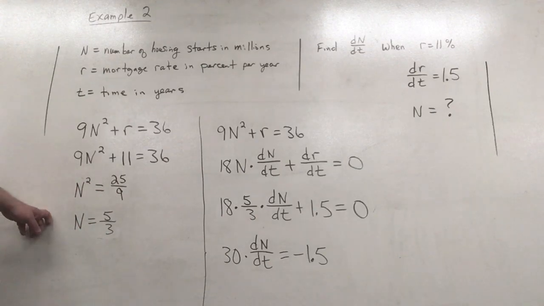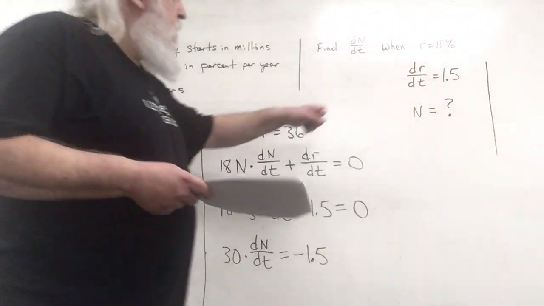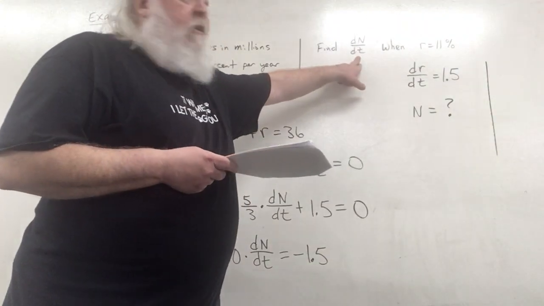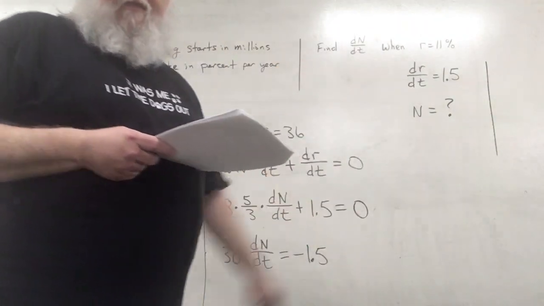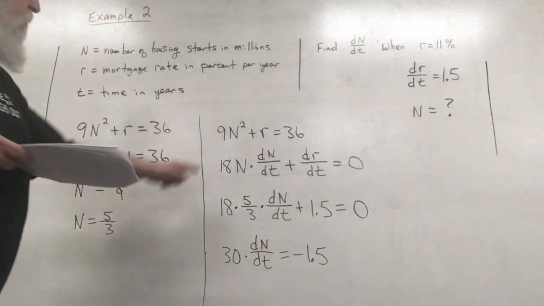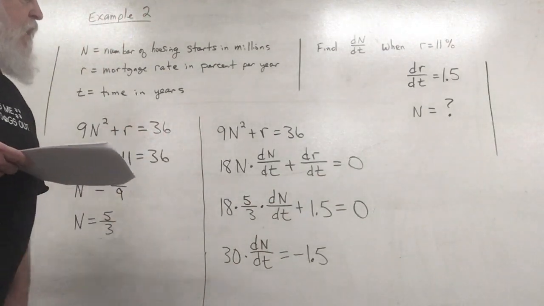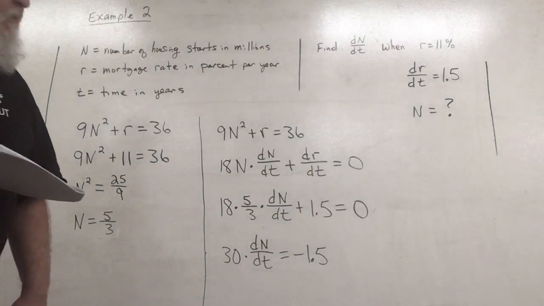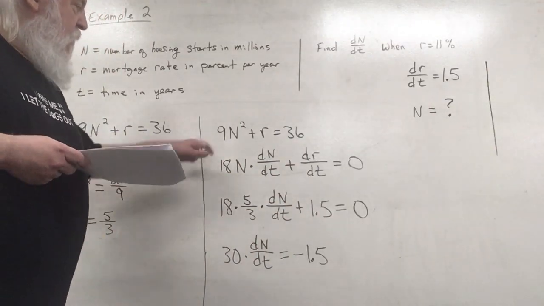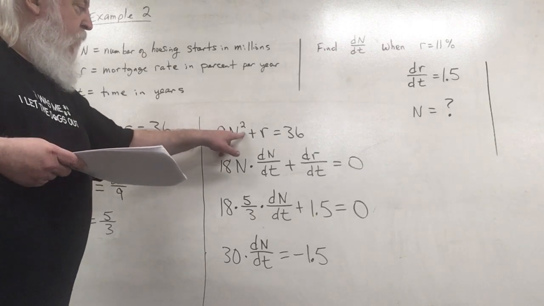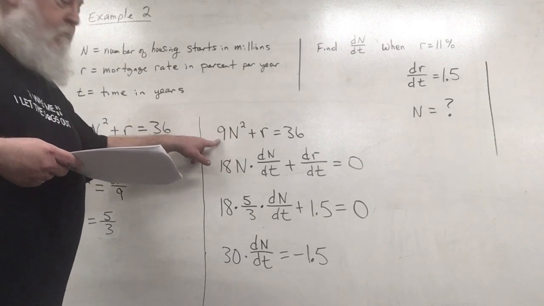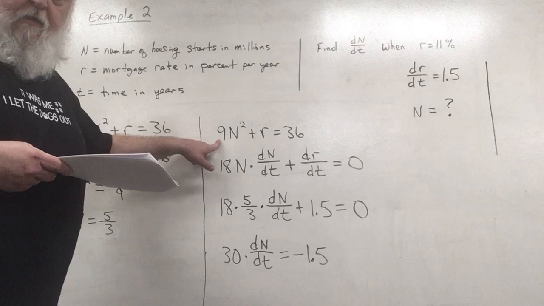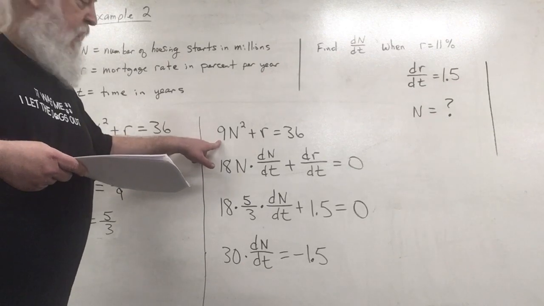Now that we know the value of n, we can calculate the derivative of n with respect to time. Here's our demand equation again, and now we differentiate both sides with respect to time using implicit differentiation. The derivative of 9n² with respect to time: we just carry the 9 along, it's a multiplicative constant.